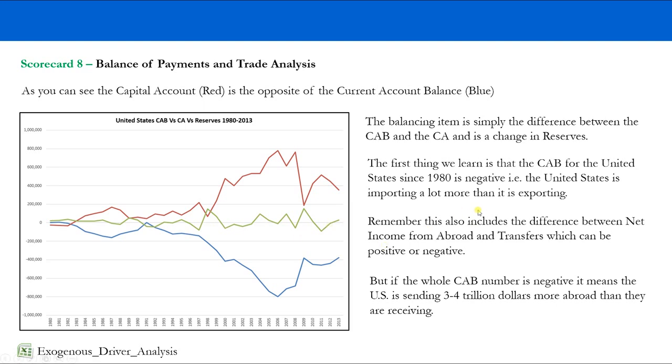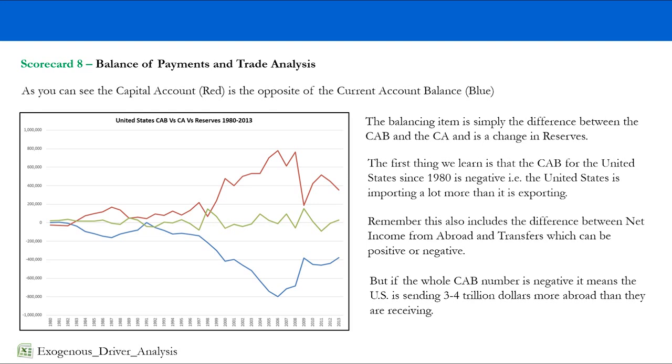The balancing item is simply the difference between the current account balance and the capital account. In money flow terms, it's basically a change in reserves in the United States, so a change in foreign currency reserves in the United States.